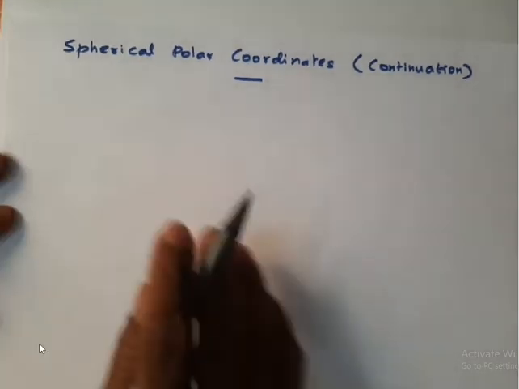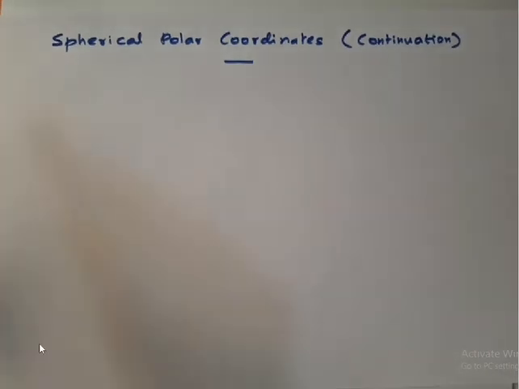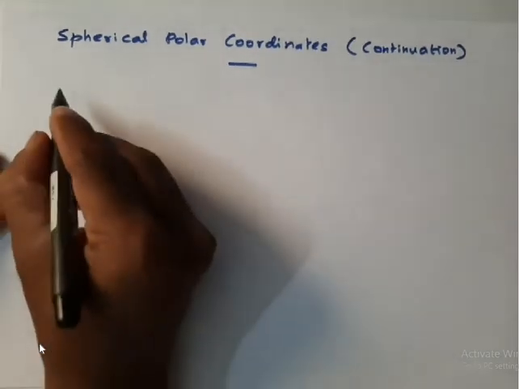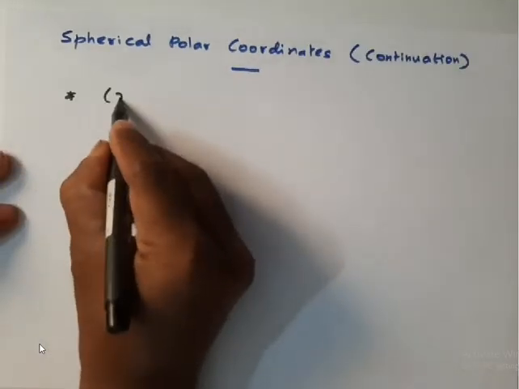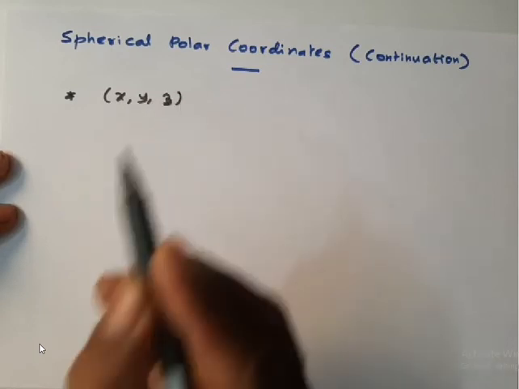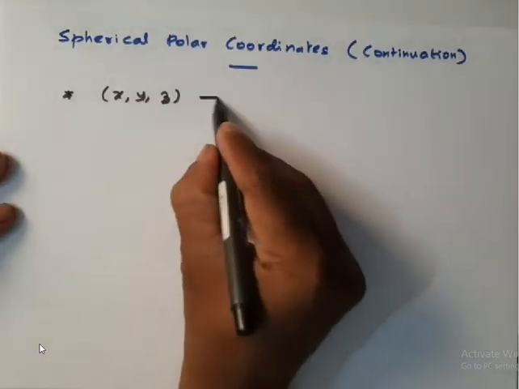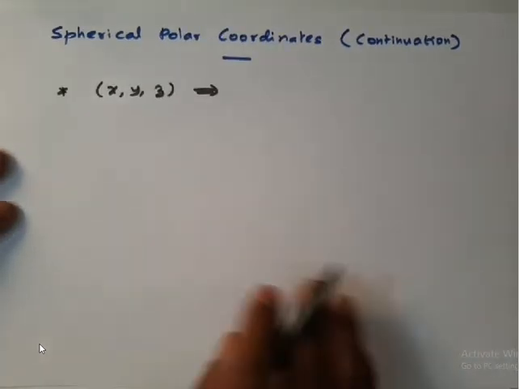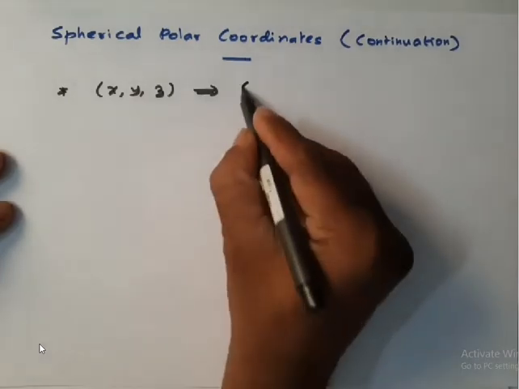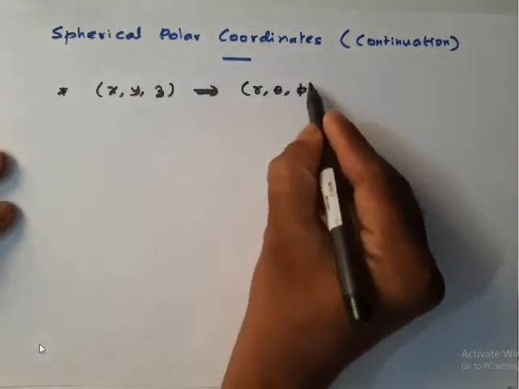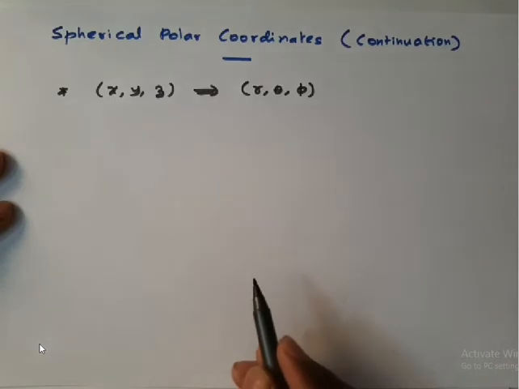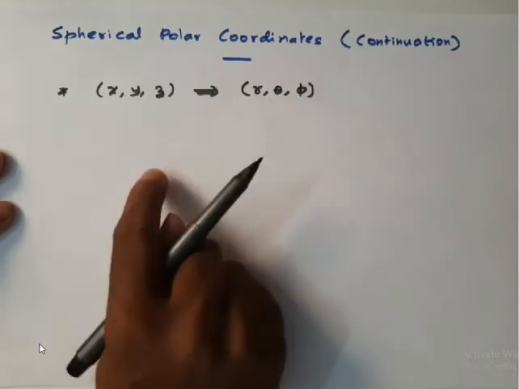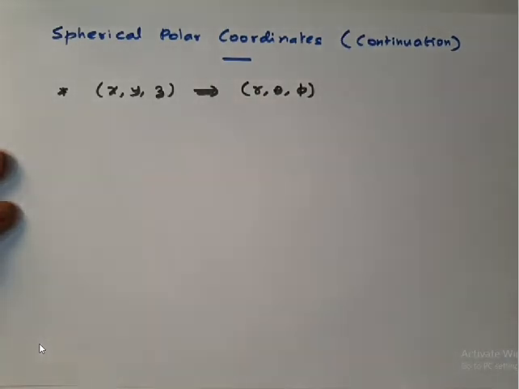So what we discussed in the last class is that in spherical polar coordinates, if a point is given in Cartesian coordinates x, y, z, we can find the corresponding point in spherical polar coordinates. We use the variables r, theta and phi. R is the distance between the origin and the point in 3D space.